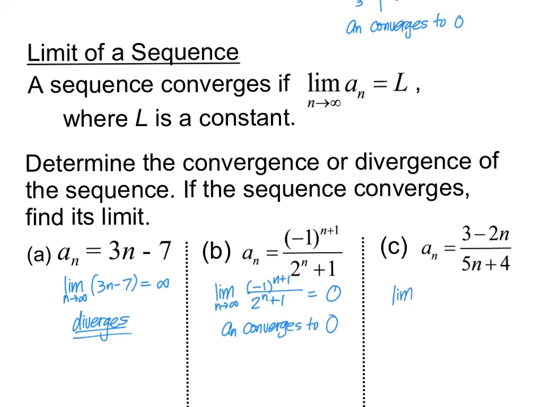In part C, the limit as n approaches infinity of this expression is negative 2/5. So this sequence converges to negative 2/5. What that means is that as n gets bigger and bigger, the terms get closer and closer to negative 2/5.